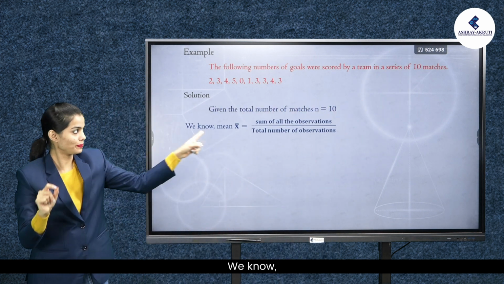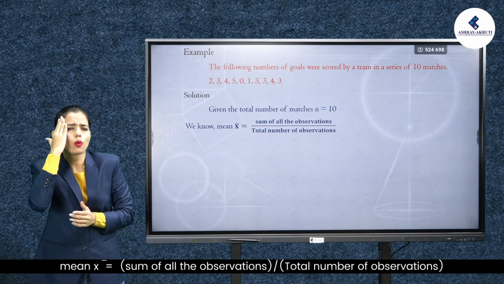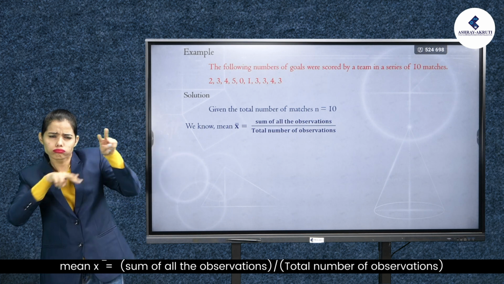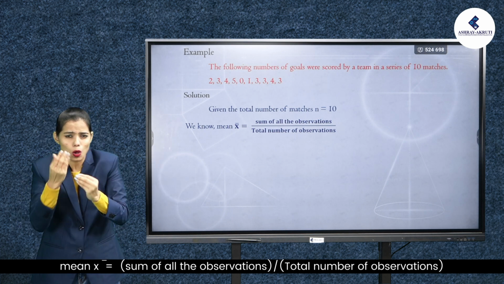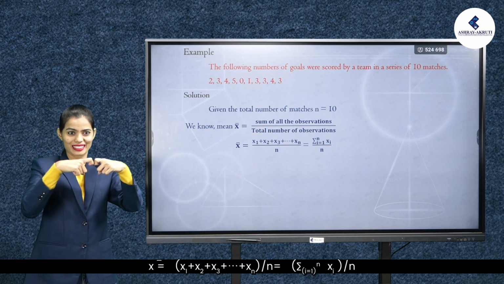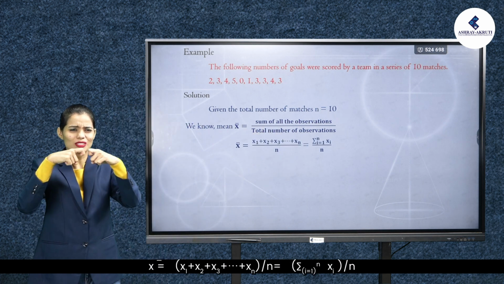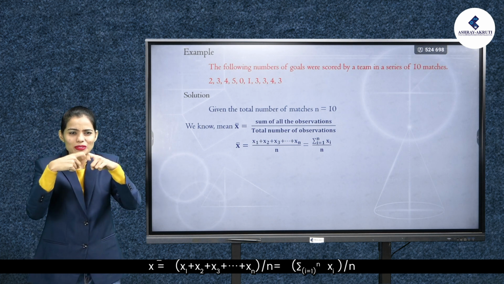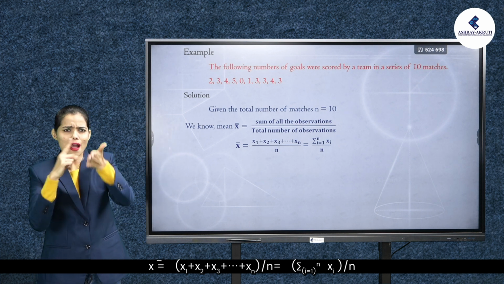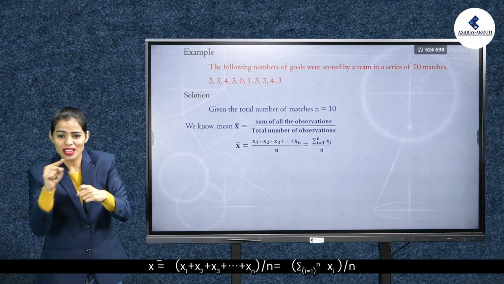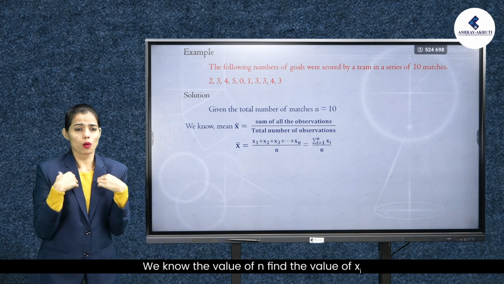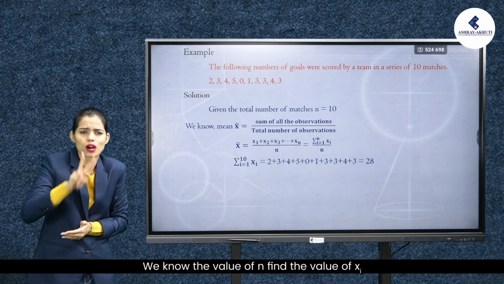We know mean x bar is equal to sum of all the observations by total number of observations, which is x1 plus x2 plus x3 plus so on plus xn by n, which is equal to summation of i is equal to 1 to n xi by n. We know the value of n. Find the value of xi.